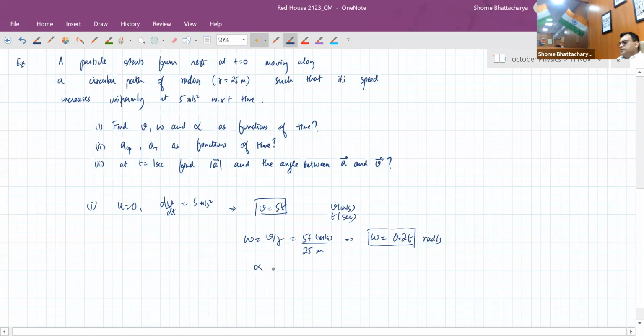And angular acceleration, which is d omega by dt, is 0.2 radians per second square. Okay, so this should be fairly obvious, right?